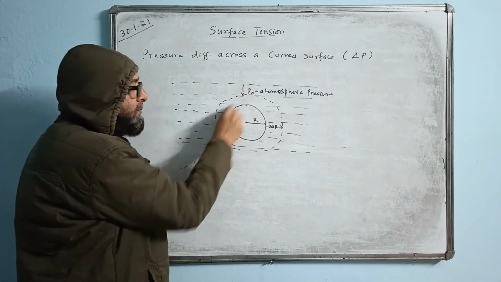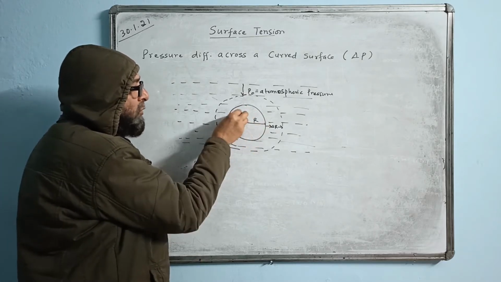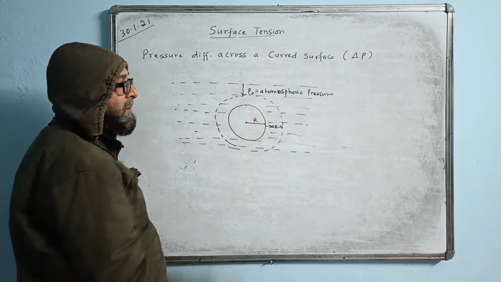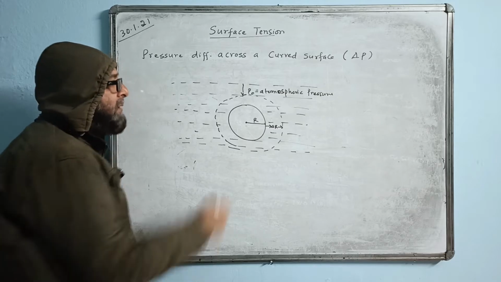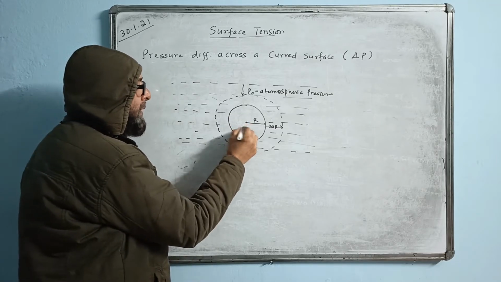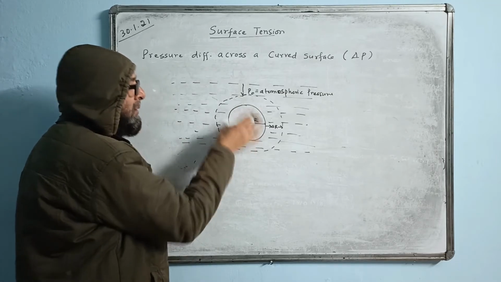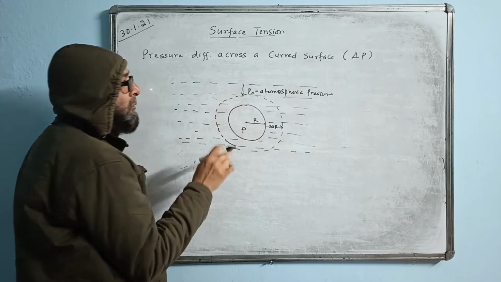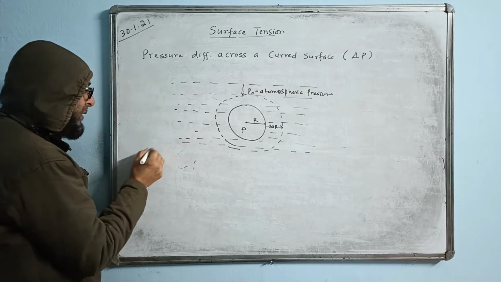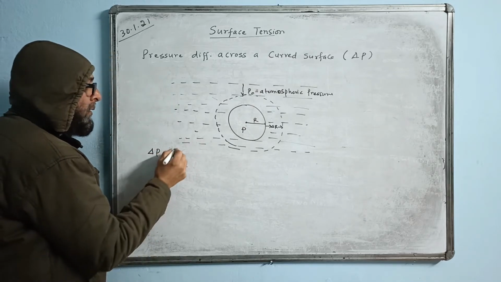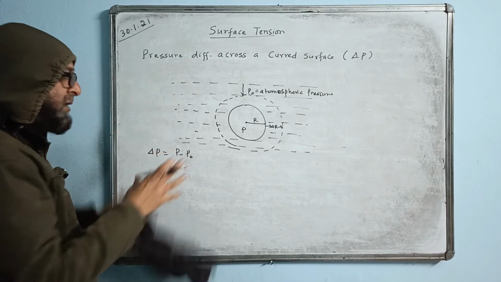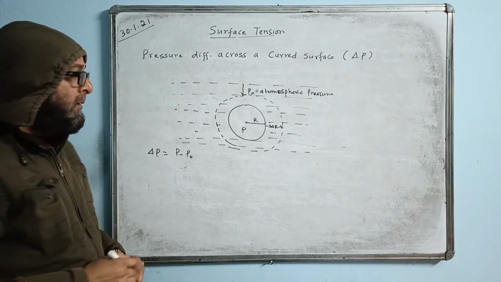Because the pressure inside, P, is more than the atmospheric pressure P naught. So delta P will be P minus P naught, because it is growing, expanding.